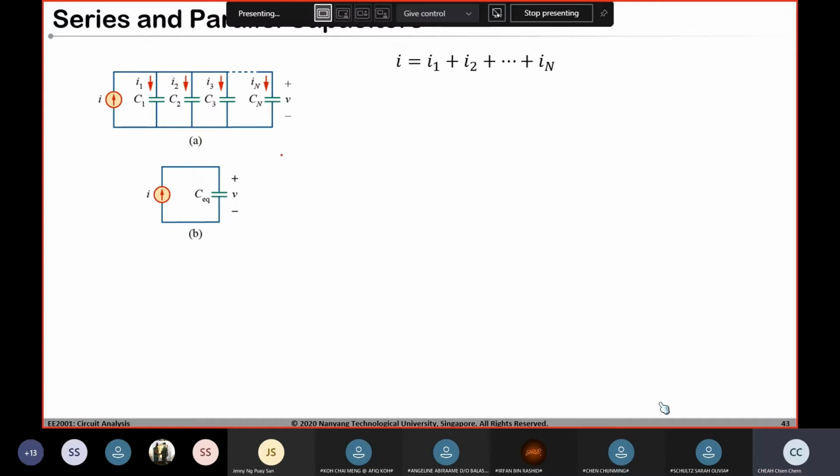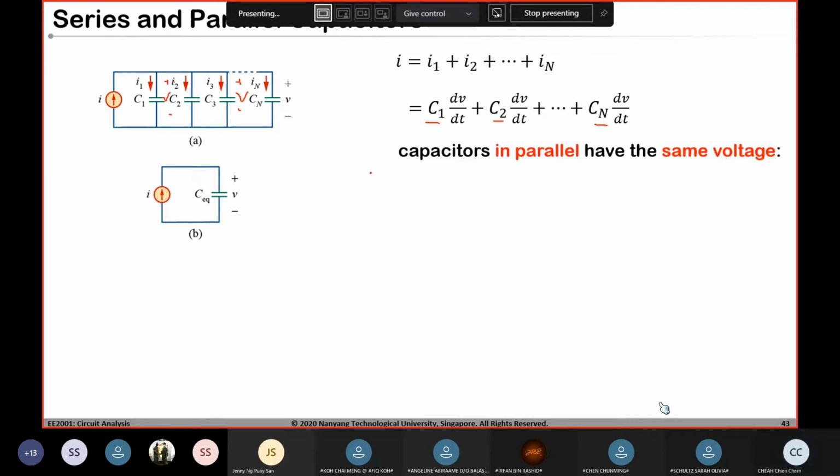We have C1, C2 to Cn, different capacitances for example, but they have the same voltage because they are all in parallel. This means that dV/dt is the same, so you can take it out as a common term. The remaining part you can add up, because all these are additions.